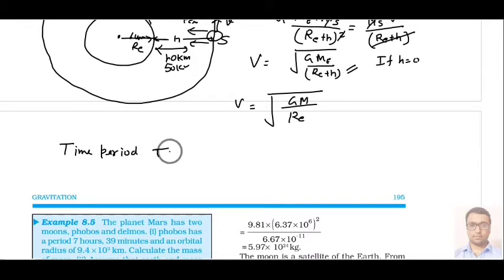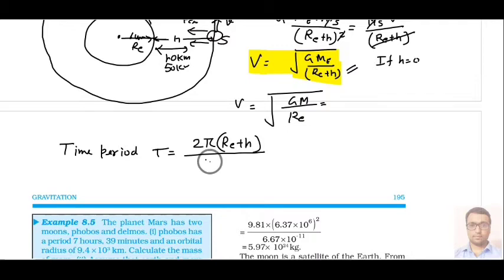Time period T equals distance upon speed, that is 2π(Re + h). Perimeter is 2πr and effective r is this much, 2πr upon velocity, and velocity we have calculated, that is this much. Or the accurate velocity is this much, that is under root of GMe upon (Re + h). I will use this highlighted value over here.